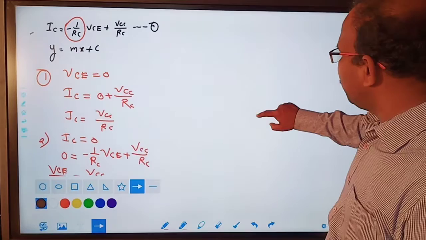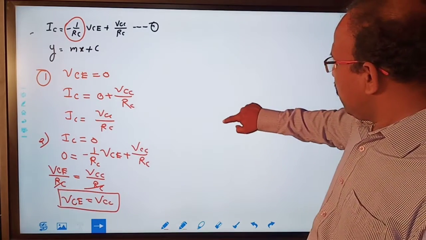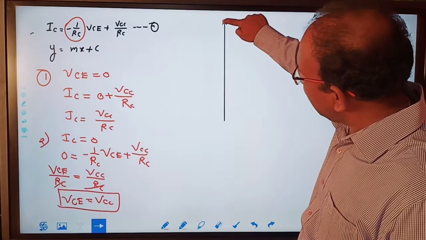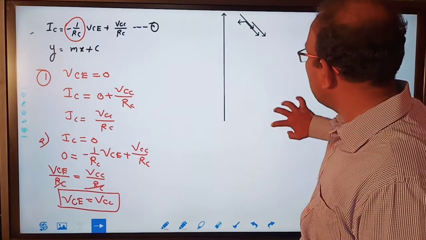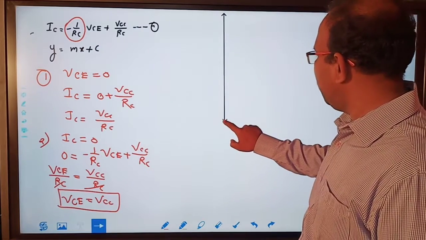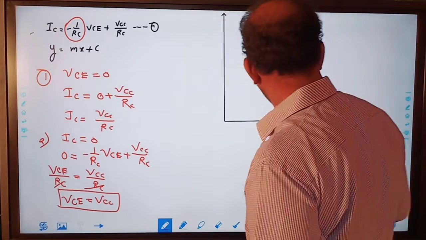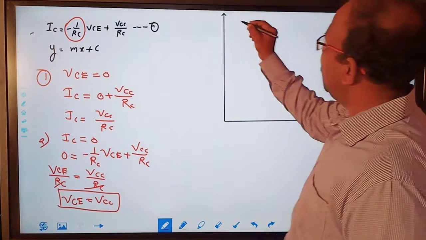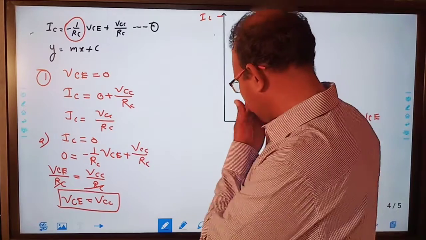One is a variable; here I consider IC. The second variable I consider is VCE, I write here. So we got two extreme ends.